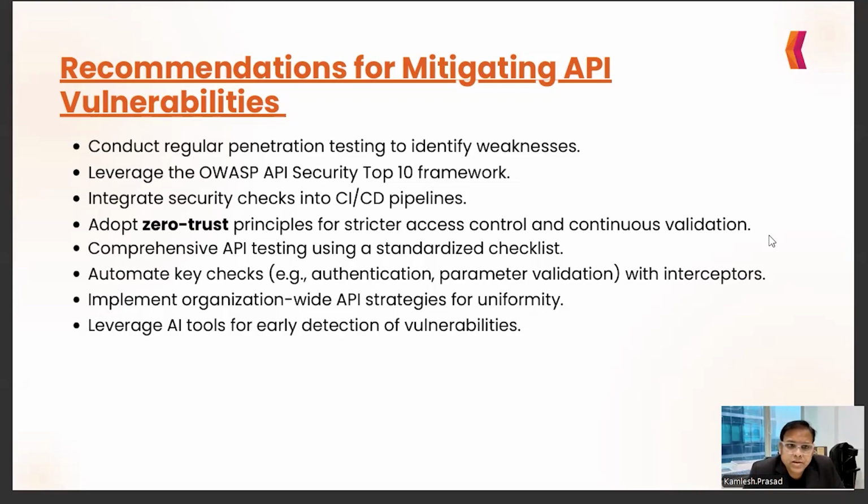So try to do a VAPT from the OWASP API Security Top 10 framework. OWASP helps you. It's an NGO which runs and helps organizations to build safe web application security, a project which helps everyone worldwide.